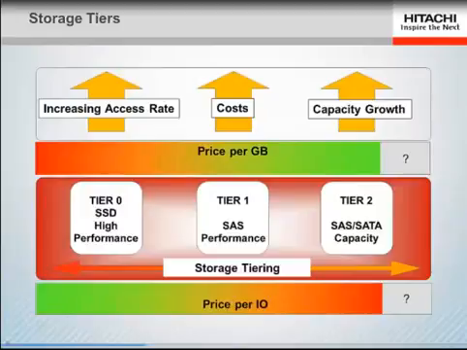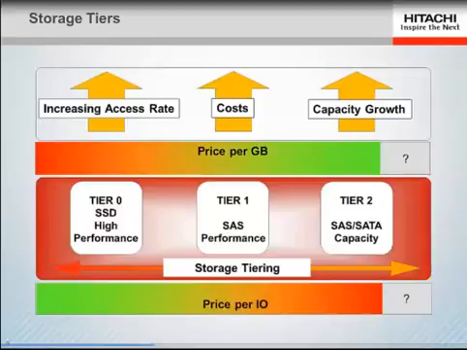which is a performance tier and probably the largest capacity utilized today, we typically use SAS, either 10K RPM spindles or 15K RPM spindles. But then Tier 2, we would use nearline SAS or SATA disks, which are typically 5400 or 7200 RPM spindles.